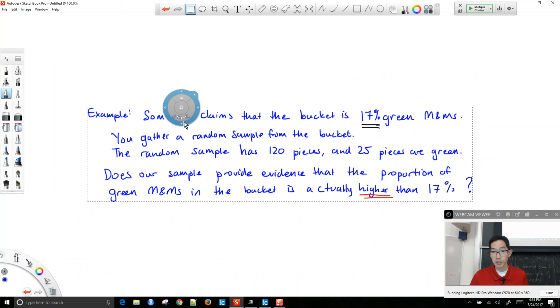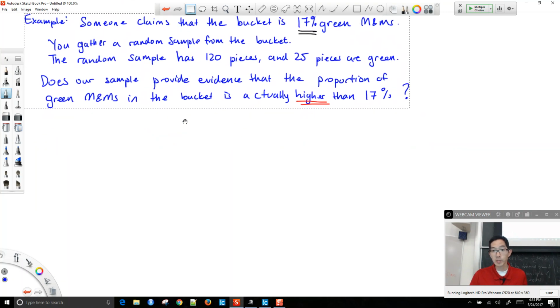Someone claims that the bucket is 17% green M&Ms. We gather a random sample from the bucket. The random sample has 120 pieces, and 25 pieces are green. And we ask, does our sample provide evidence that the proportion of green M&Ms in the bucket is actually higher than 17%?